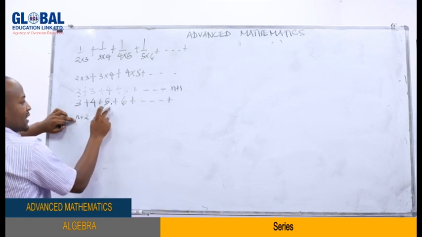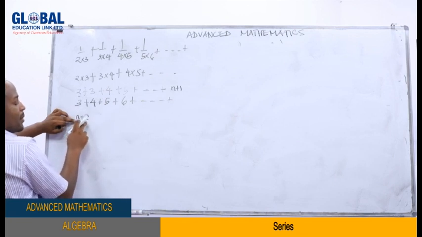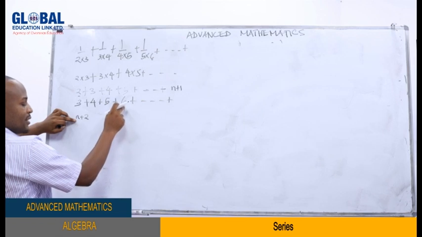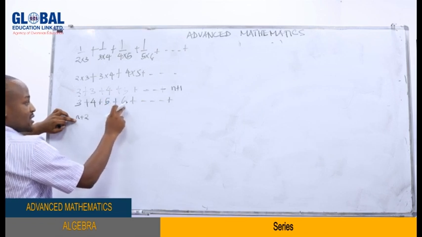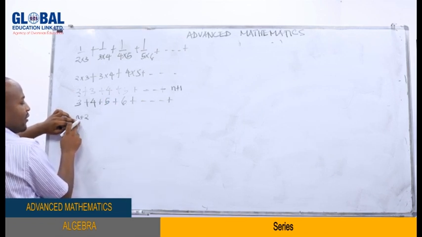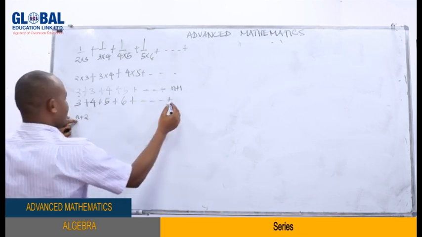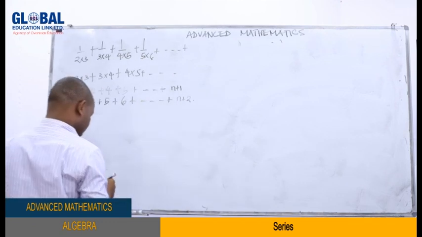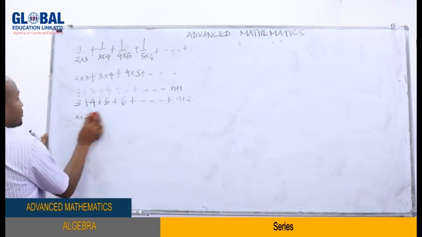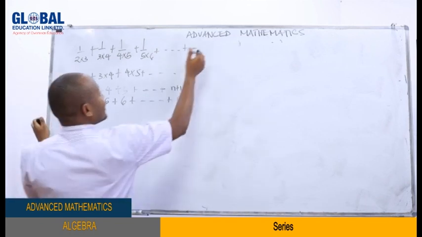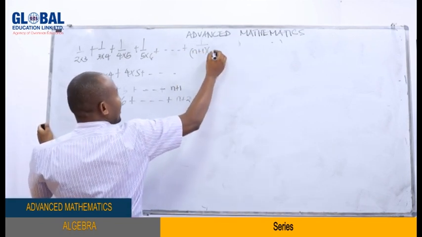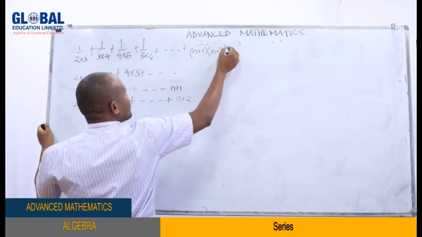On the third term, the position is 3, plus 2, it is equal to 5. And the fourth term, the position is 4, and 4 plus 2 is 6. That means the nth term there will be n plus 2. So we can write the nth term there to be (n plus 1)(n plus 2).